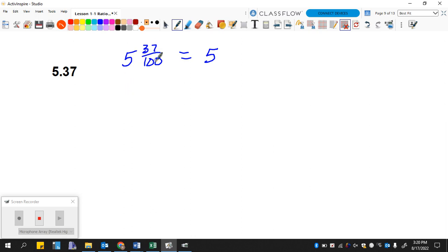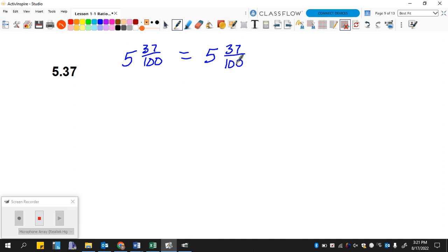Well, 2, no. 4, no. 5, no. 10, no. 20, no. 25, no. And 50, no. So that is already reduced, you would just write it as 5 and 37 hundredths, because 37 is a prime number.